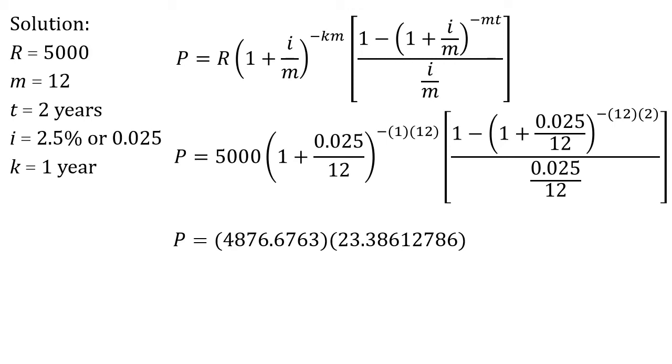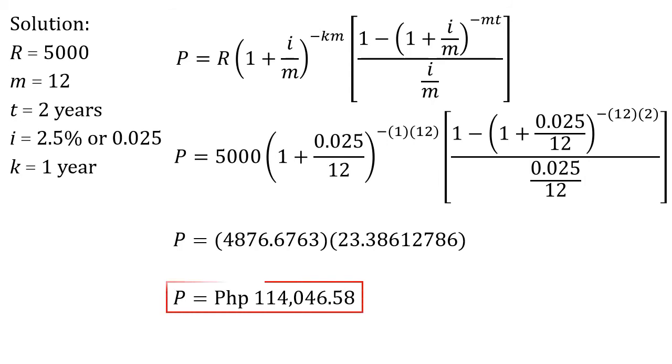So you'll get 23.38612786, and multiplying these two will give you 114,046.58. So this means that the present value of this deferred annuity is 114,046 pesos and 58 centavos.